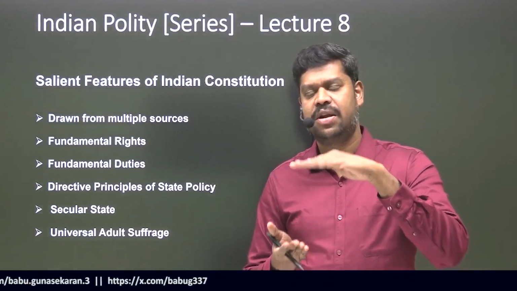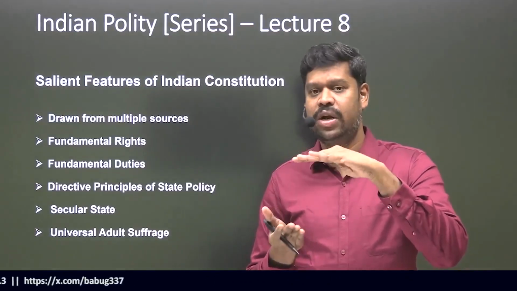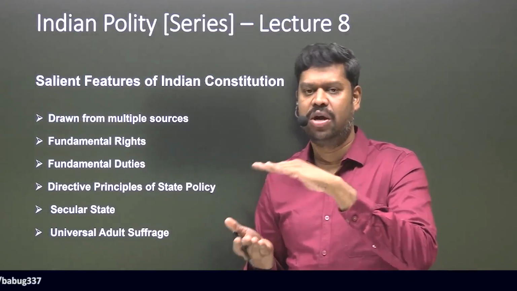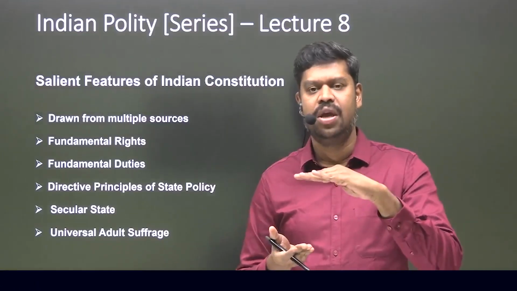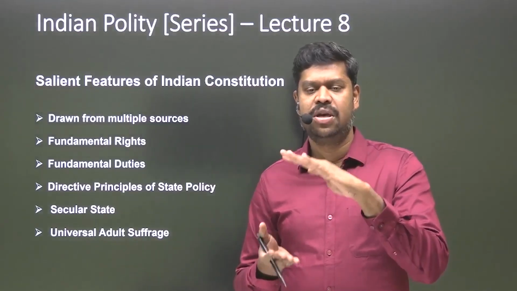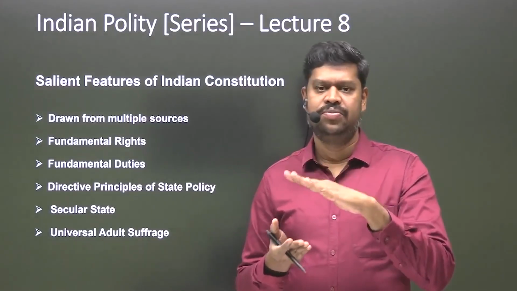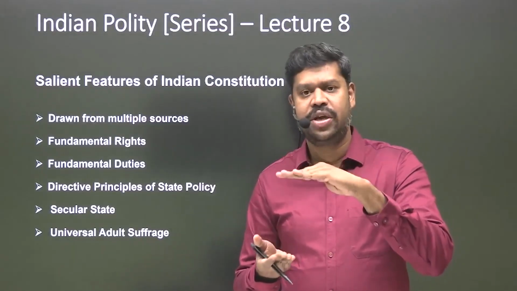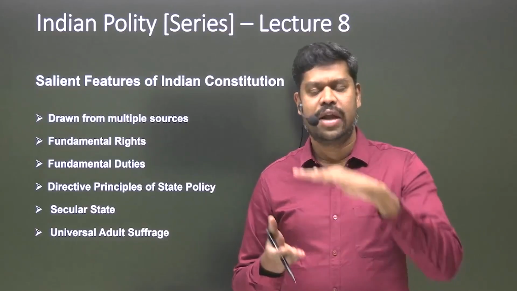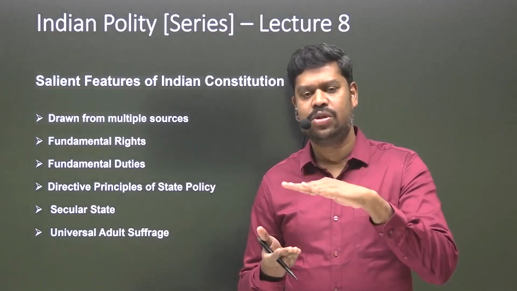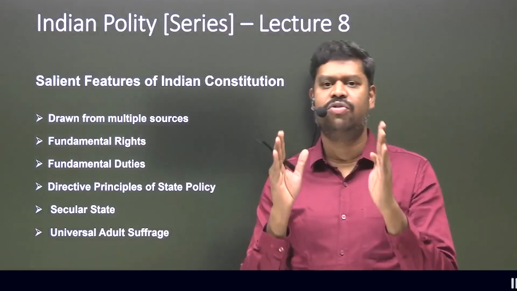Say for example, right to equality, that is equality before law or equal protection of law, Article 14, is a fundamental right. Right to freedom of speech and expression, right to freedom of religion. Say for example, right to education under Article 21A, right to life and liberty under Article 21. So, these are all mentioned in part 3 of the Constitution.